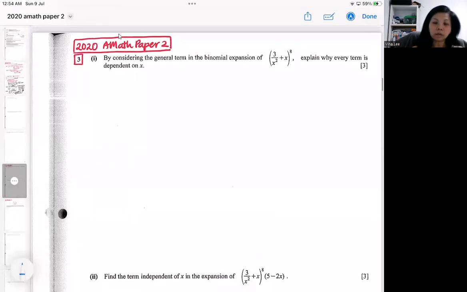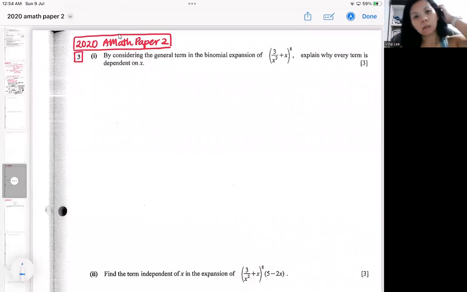Okay, so this question is on binomial, and the first part actually directly asks you for the general term. So for the general term, the formula is like this.